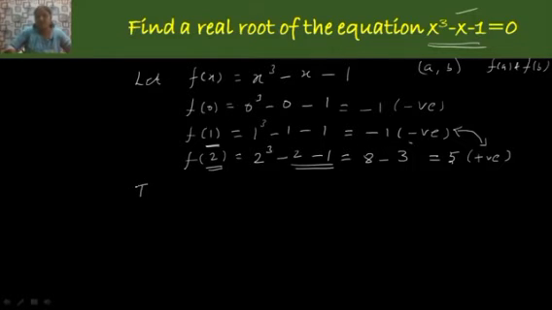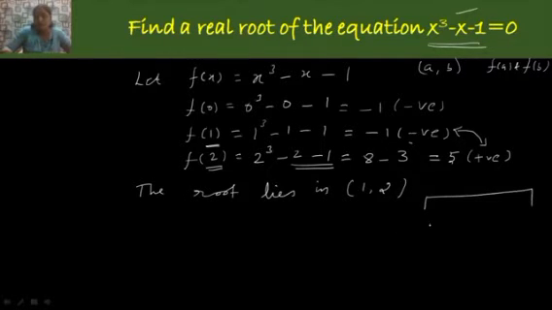Therefore, the root of the given equation lies in the interval 1, 2. This is 1 and 2. At f of 1 you have a negative value and at f of 2 you have a positive value.